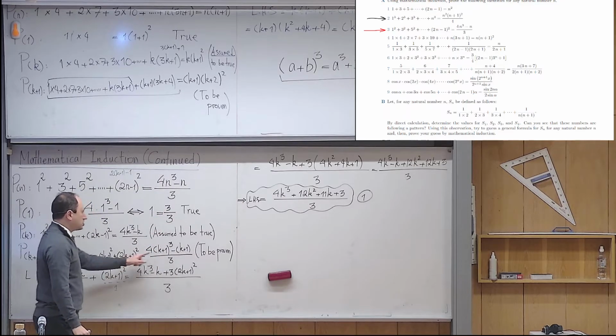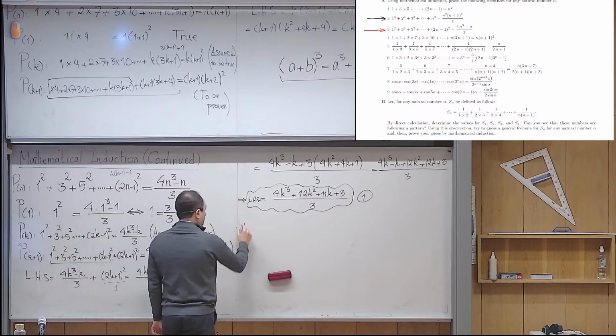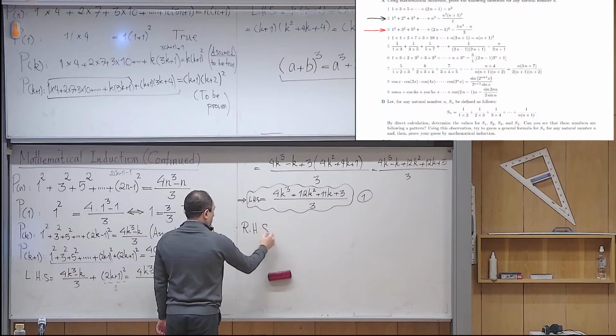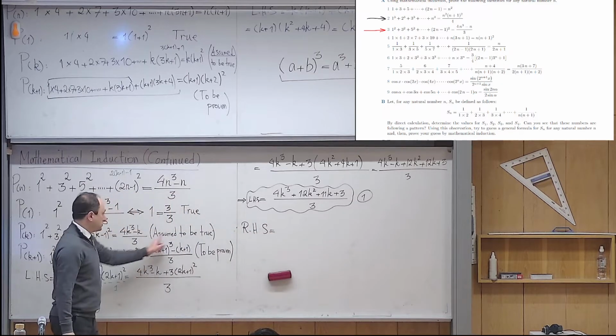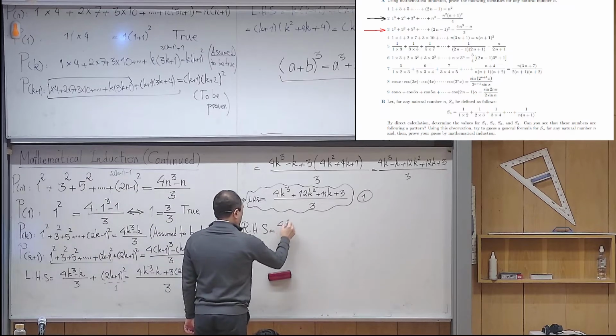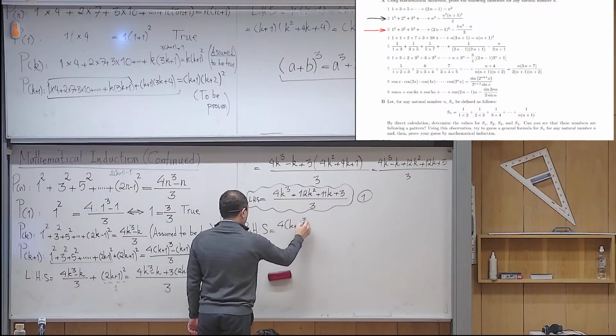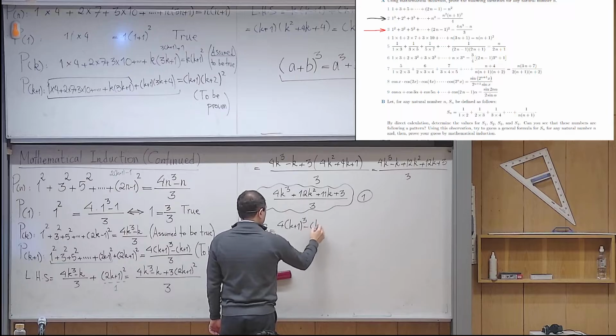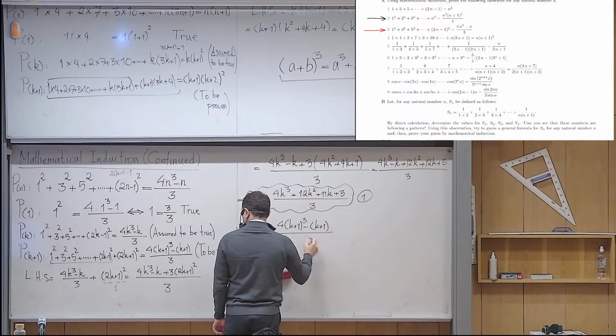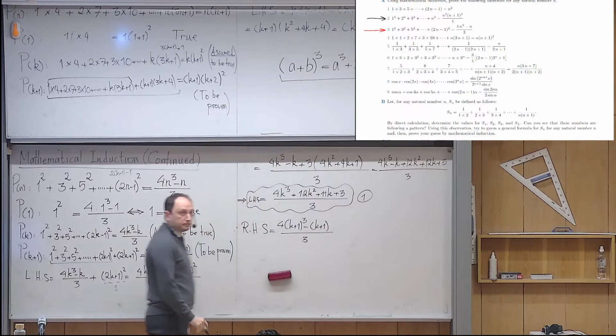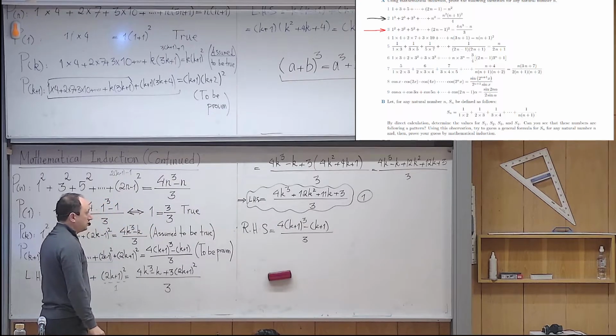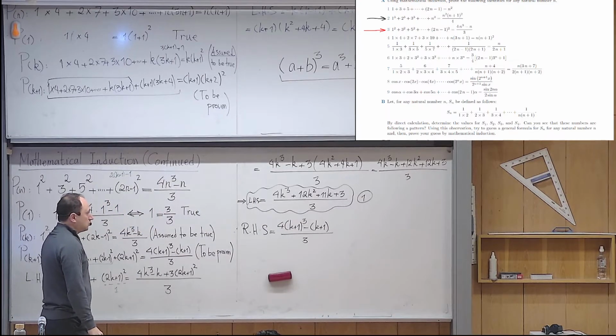Now what I do, I start from the right-hand side also. The right-hand side is this expression, 4k plus 1 to power 3 minus k plus 1, and then divided by 3. Okay? So what can I do here?